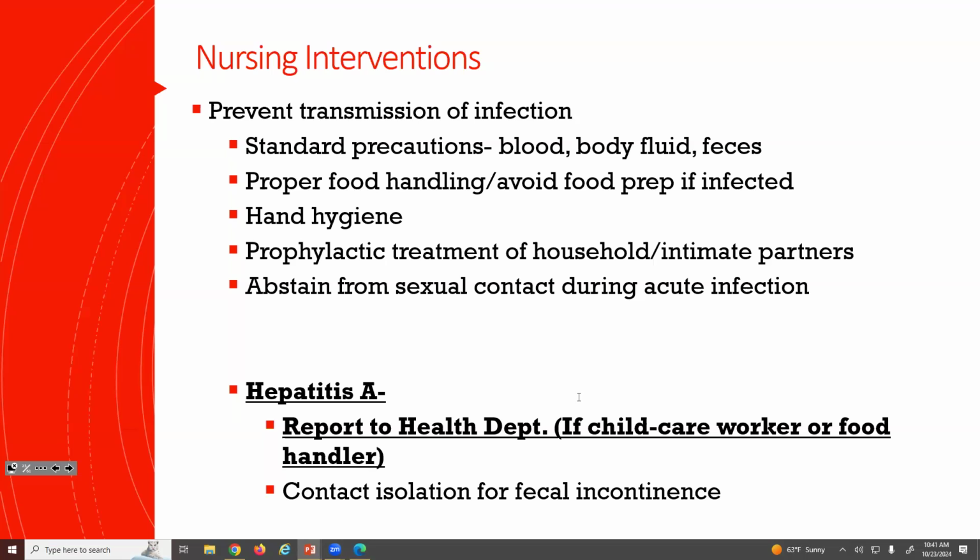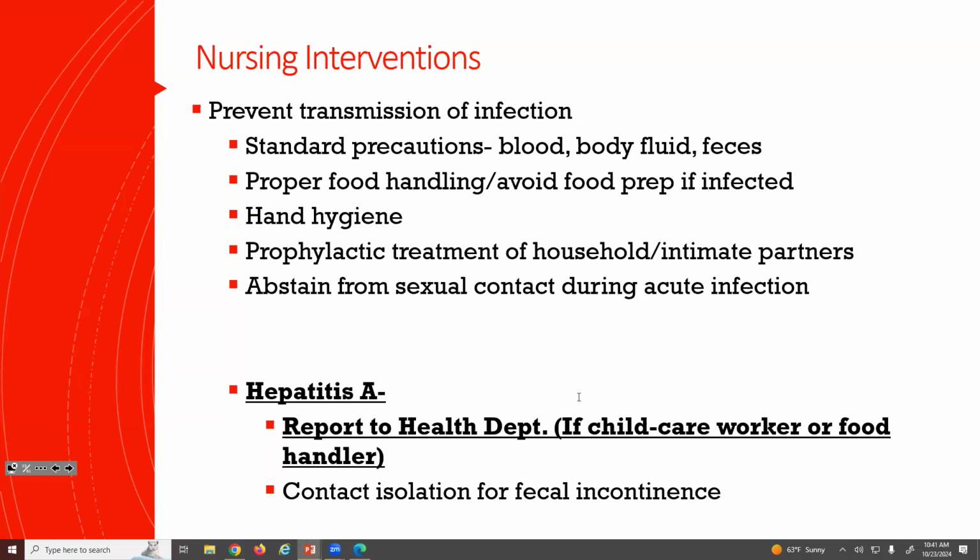Prophylactic treatment of household intimate partners. A lot of this can be transmitted with sexual contact, right? So if you're exposed to that, we need to do prophylactic treatment. Okay. And when we diagnose, we need to try to abstain from sexual contact, right? Do patients always listen to us? No. So that's why we do this prophylactic treatment, right? Cover all of our bases.